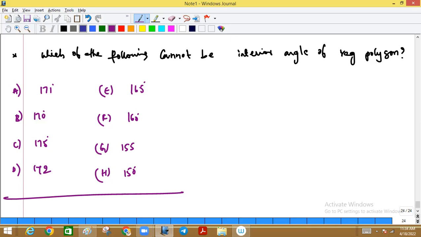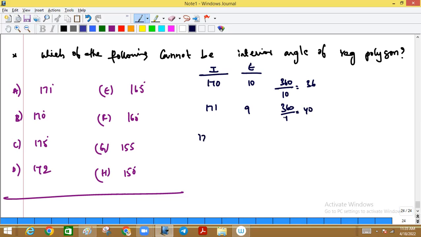What is the first angle I gave you? Interior angle 170. Exterior angle becomes 10. So what is 360 by 10? How many sides are there? 36. Therefore, it is a 36-sided polygon, right? Second, 171, exterior 9. 360 by 9, 40.